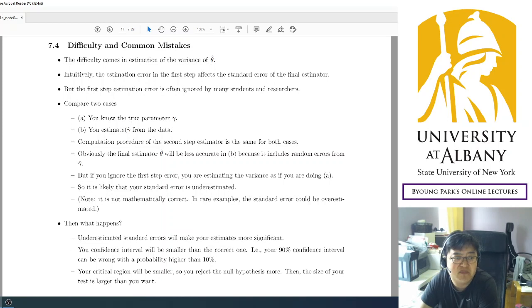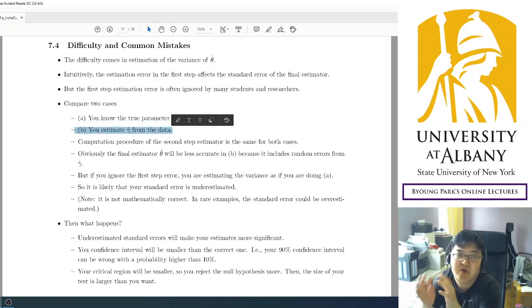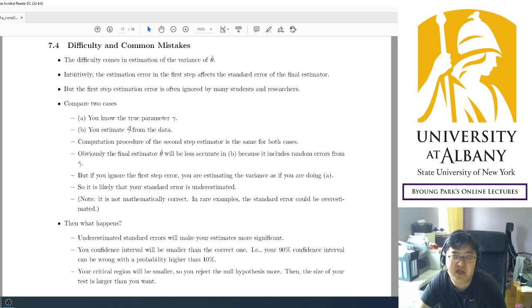Suppose that the second stage method is the same for these two cases. However, the second one will be less accurate in general, right? Because there is an additional potential error in gamma hat, which does not exist in the first one.